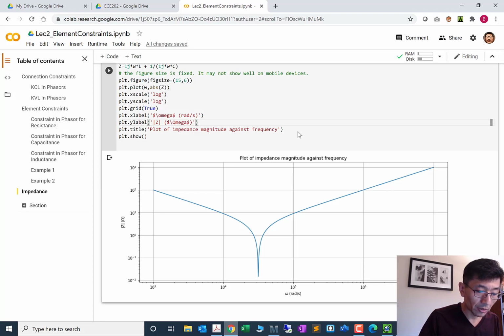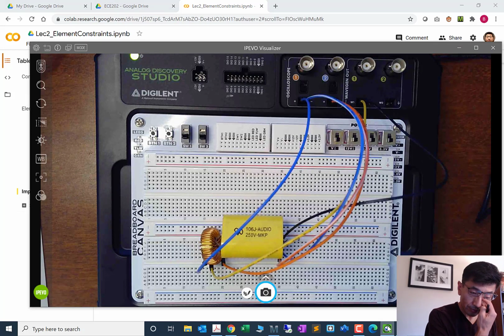So I would like to observe this using a simple LC circuit. In front of me, I have this setup here. This one here is the 10 microfarad capacitance. This inductance is 100 microhenry.